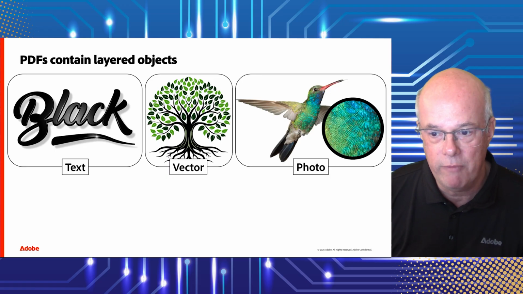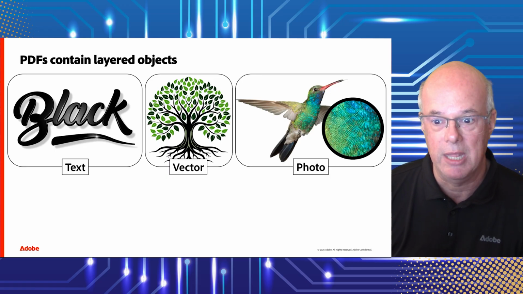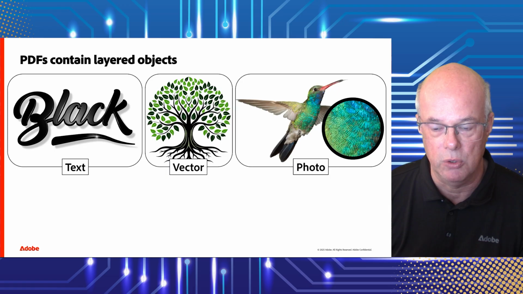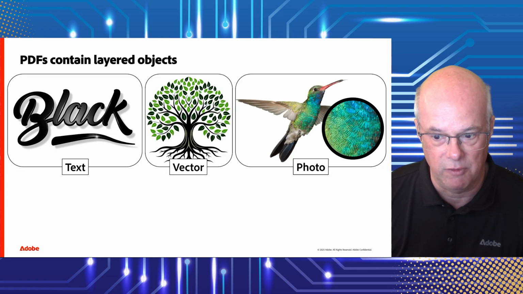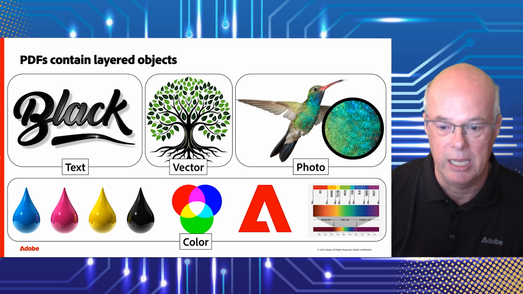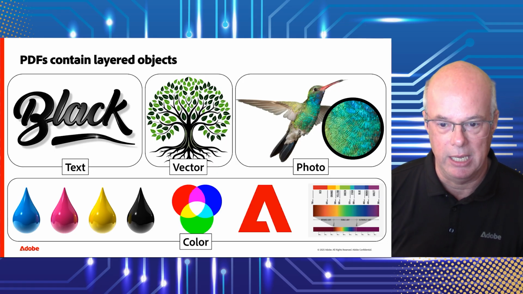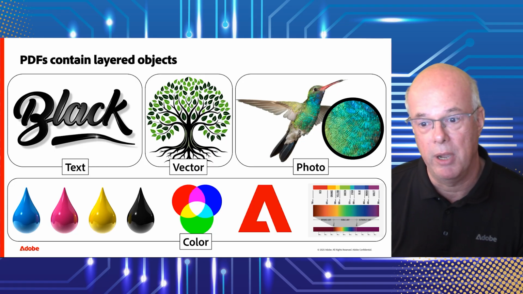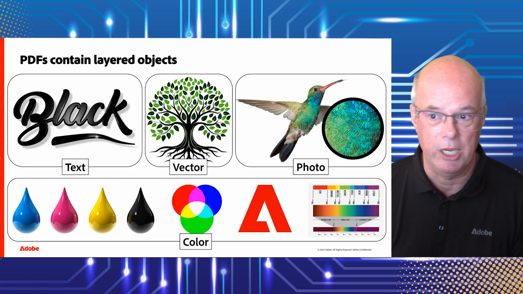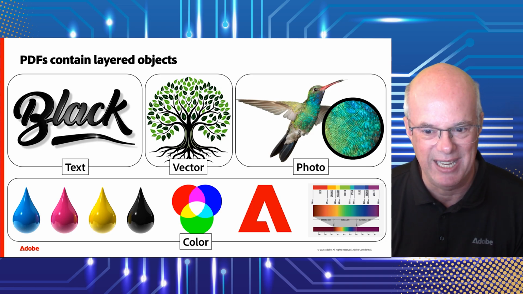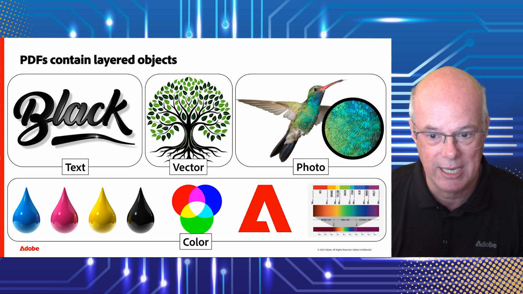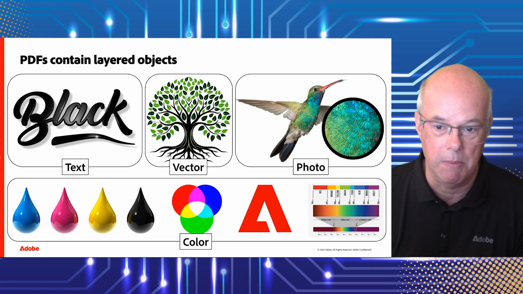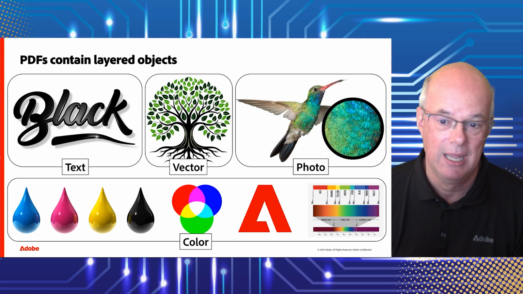But the more information we have available to us, the more these files can be reproduced later on any particular device. Color information is stored separately from the text and the vector and the photographic information as well. And what's important is that we store color information that's most appropriate for the objects that we have in this PDF. Maybe we store it as CMYK, particularly in the case of text where we want to make sure that we've got black text and be very accurate about how that's reproduced.